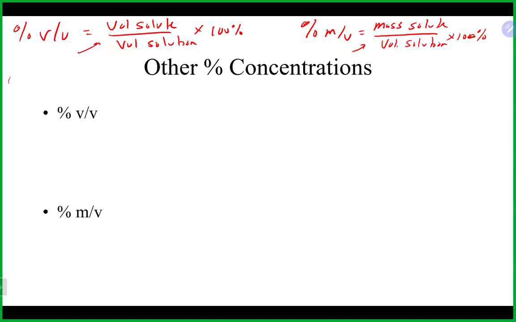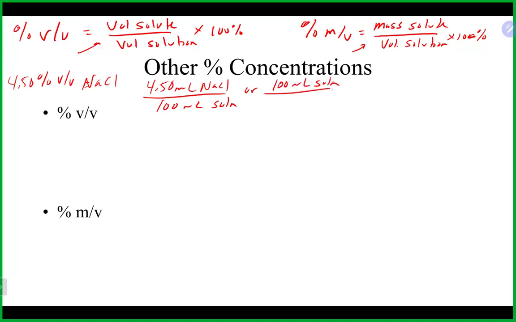So if you had a 4.5% by volume, which is what they use for alcohol, of sodium chloride, that would mean you would have 4.5 milliliters of sodium chloride in 100 milliliters of solution. Or you could flip it around: 100 milliliters of solution would give you 4.5 milliliters of sodium chloride.